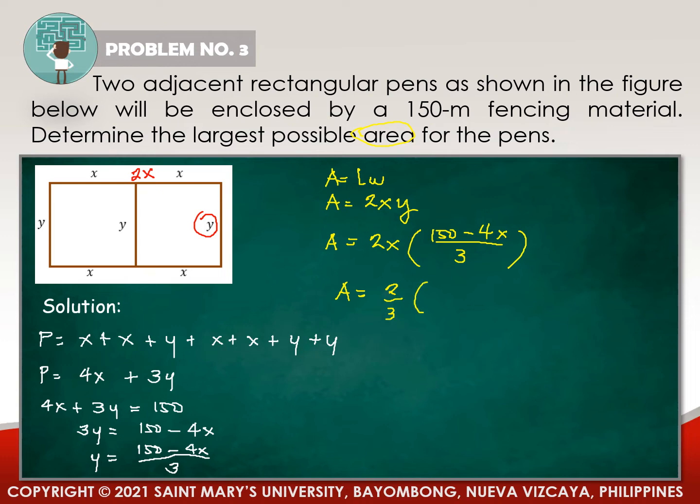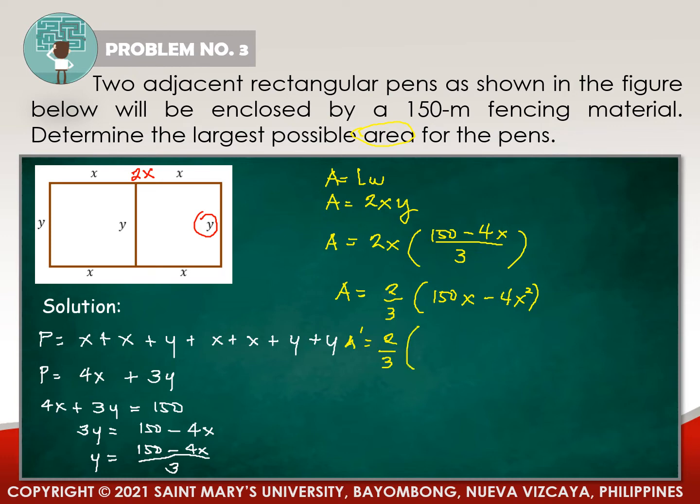Then, i-distribute yung x. So, x times 150, that is 150x. And x times negative 4x is negative 4x squared. Yan. Then, kunin natin ang derivative. So, we have A prime is equal to, since constant na yan, disregard, copy lang.